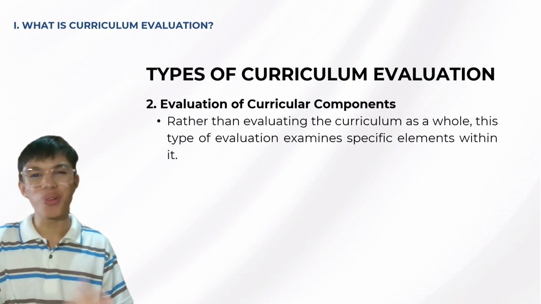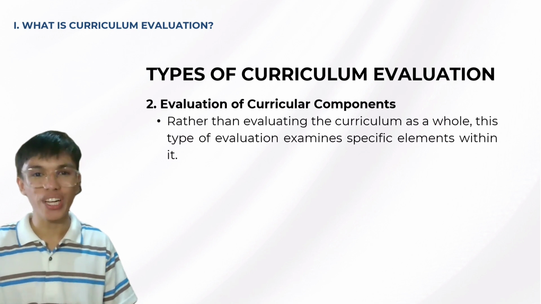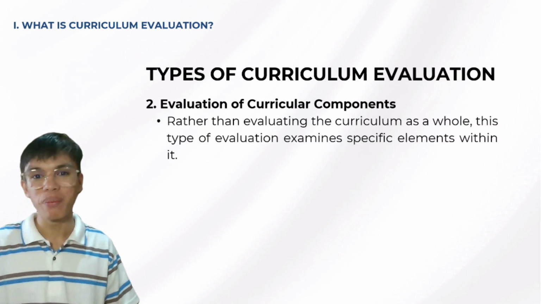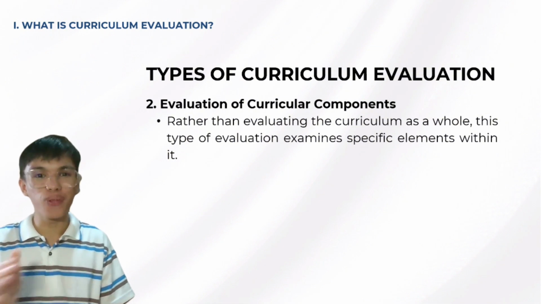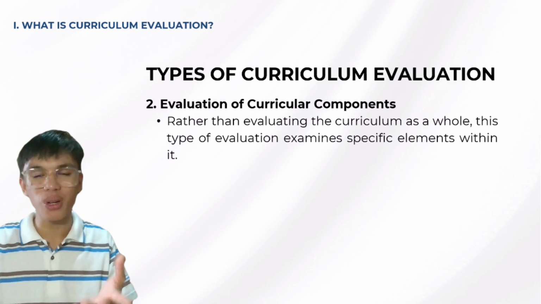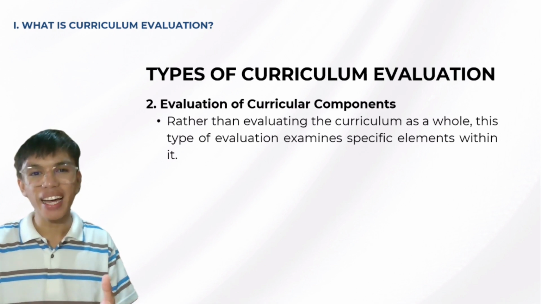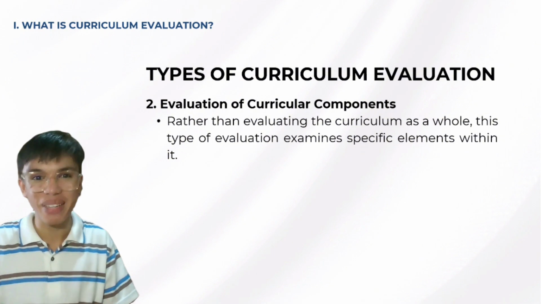Unlike program evaluation, which looks at the curriculum as a whole, this one focuses on specific elements. Okay? So instead of looking at the curriculum broadly, this type of evaluation zooms in on specific elements.